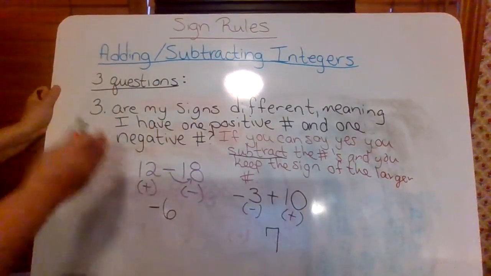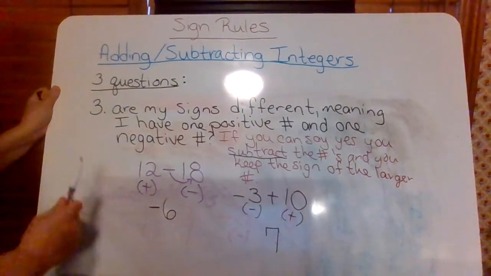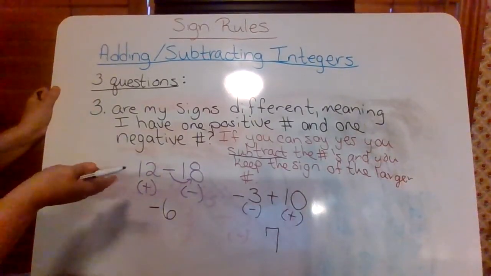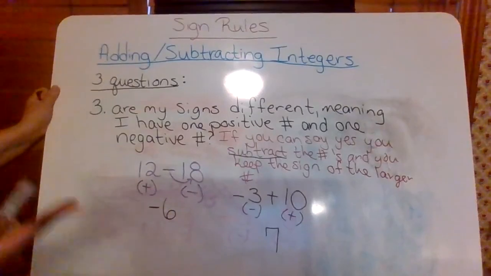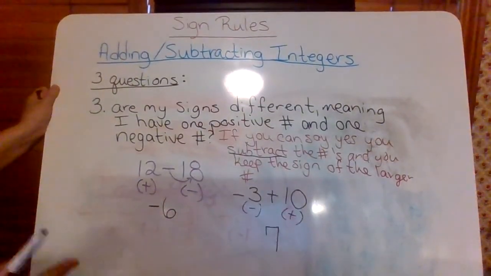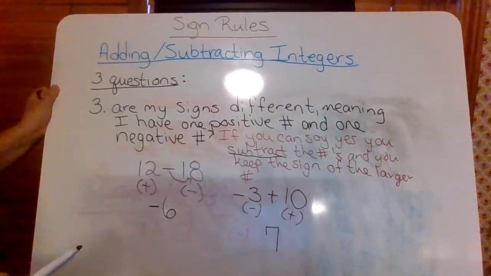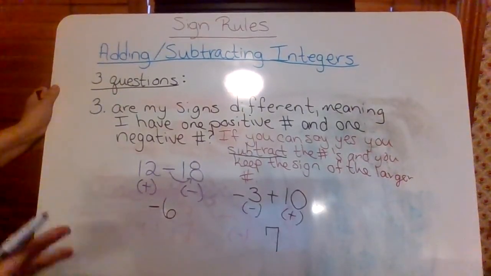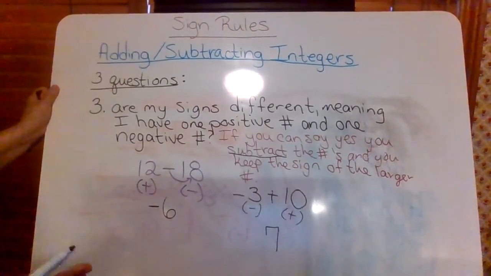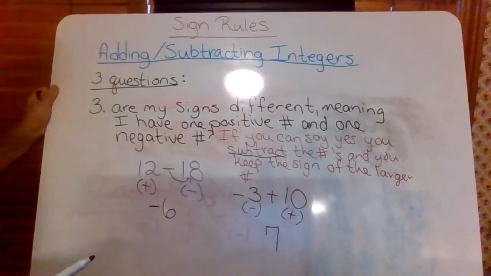So when you're dealing with your sign rules for adding and subtracting, those are the 3 questions you need to ask yourself. So question 1, are both of my numbers positive? If the answer is yes, you add them and you keep them positive. Second question, are both of my numbers negative? If the answer is yes, you add the numbers and you keep them negative.